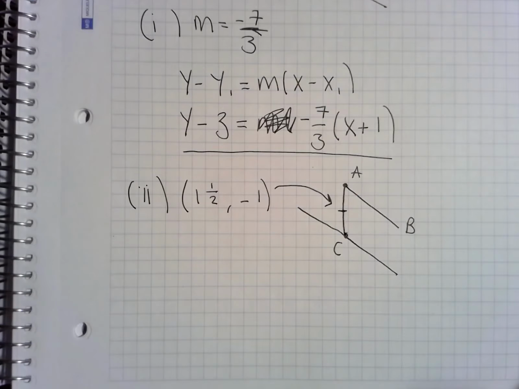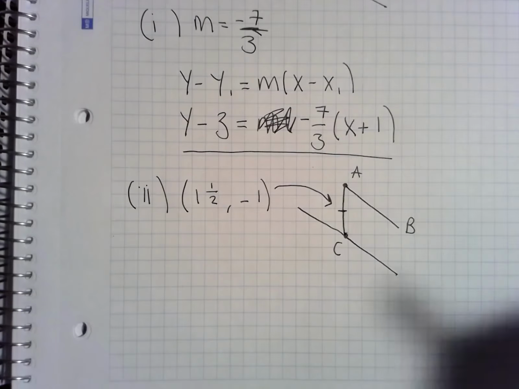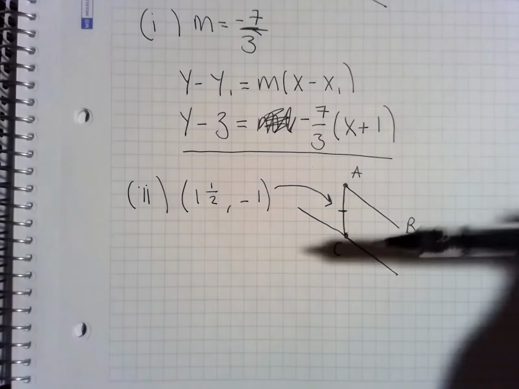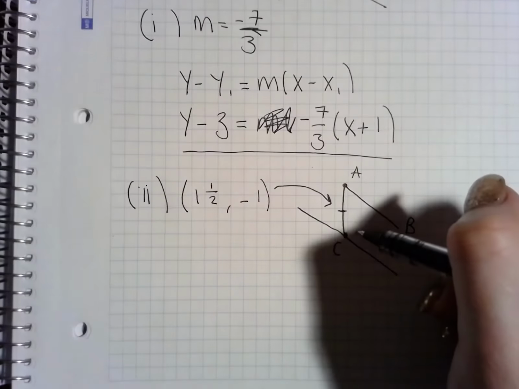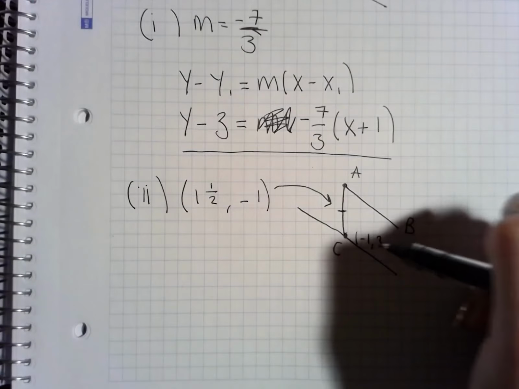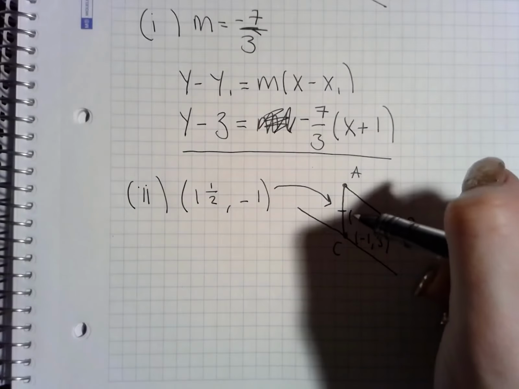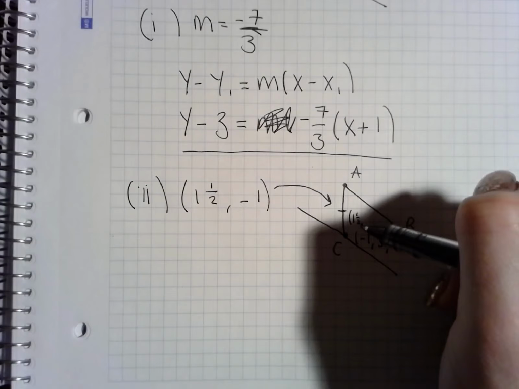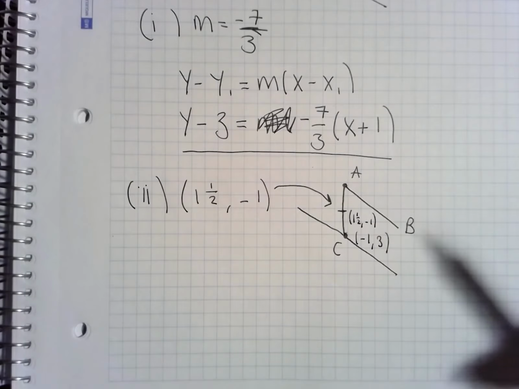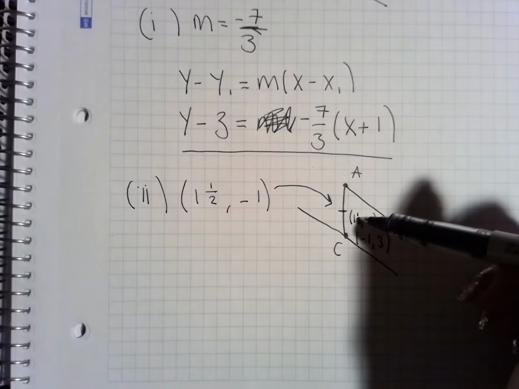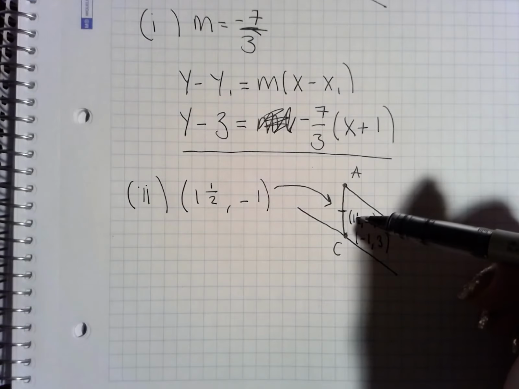So literally, to do this, if you think about it logically, if C is minus 1, 3, and this is 1.5, minus 1, then the x coordinate has travelled 2.5 to get to the midpoint.